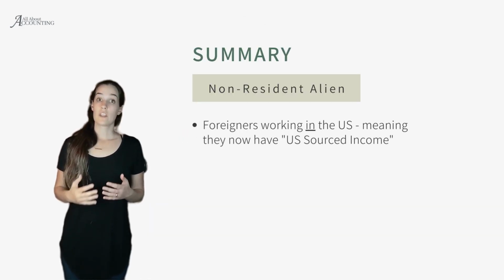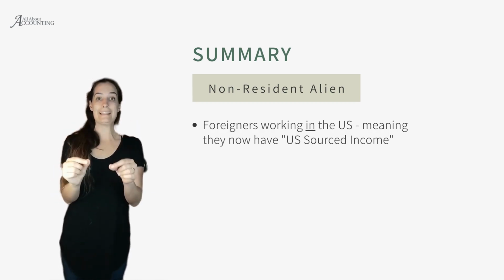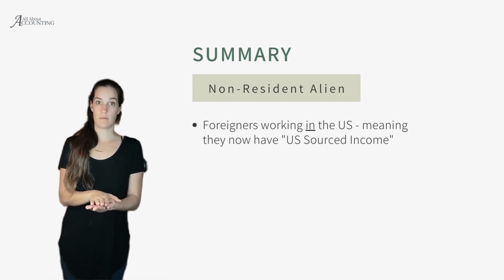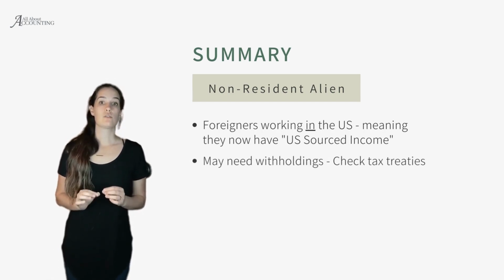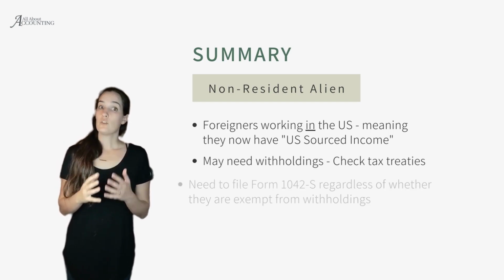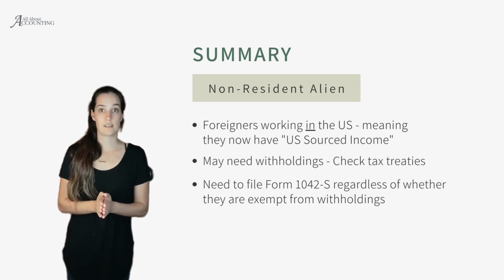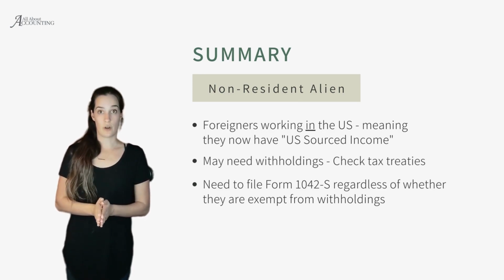As a quick summary, non-resident aliens are foreigners working in the U.S., meaning they now have U.S.-sourced income. They may or may not need taxes withheld from their pay, so you need to check the tax treaties previously linked. You will then also need to file Form 1042-S, regardless of whether those withholdings happened or not.